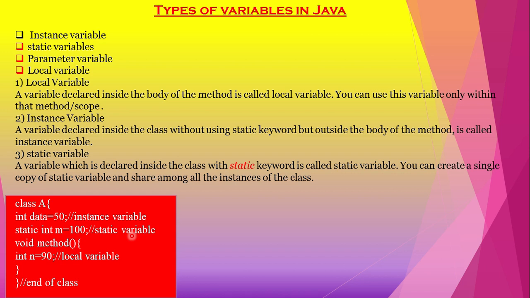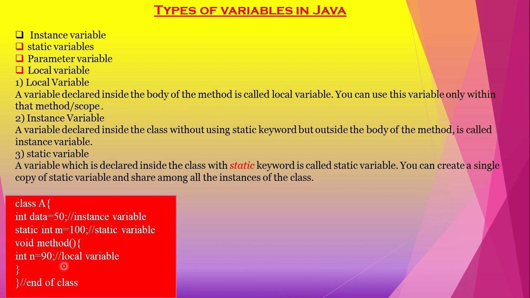A static variable is also called a class variable. An instance variable is also called a data member. Data member, otherwise instance variable. Static variable, otherwise class variable. Now we are going to see what a local variable is. A local variable is declared within a method or an if statement or something.